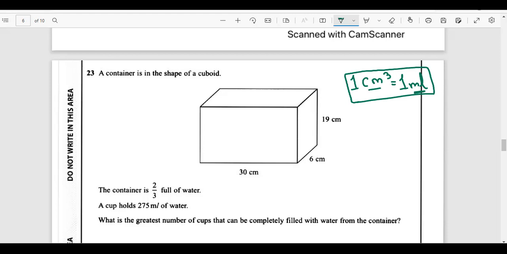These units are the same basically, so do not worry about it. Yes, well done.